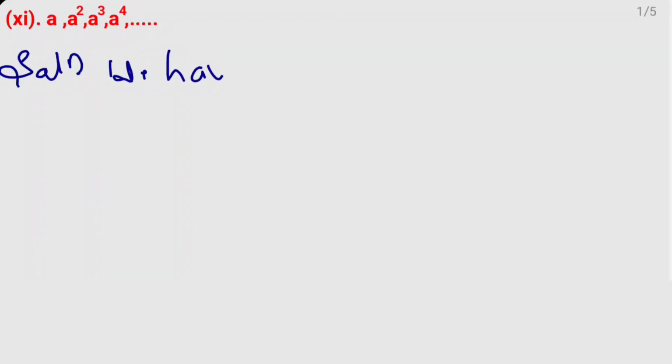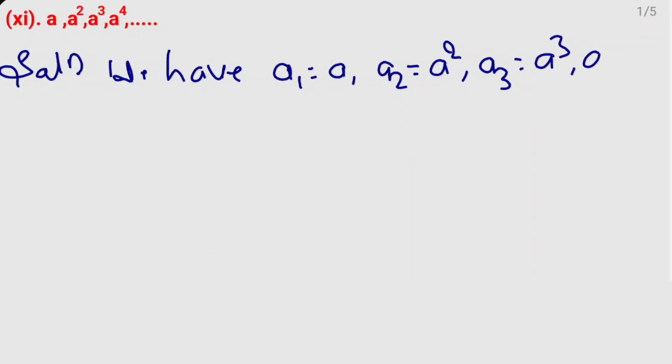We have a1, the first term, is a; a2, the second term, is a square; a3, the third term, is a cube; a4, the fourth term, is a raised to 4.